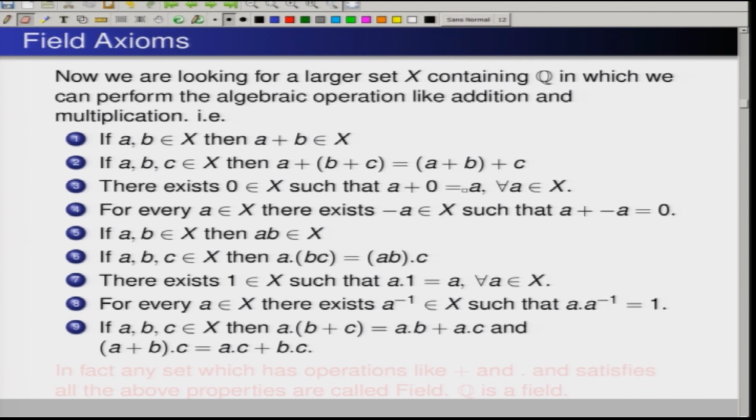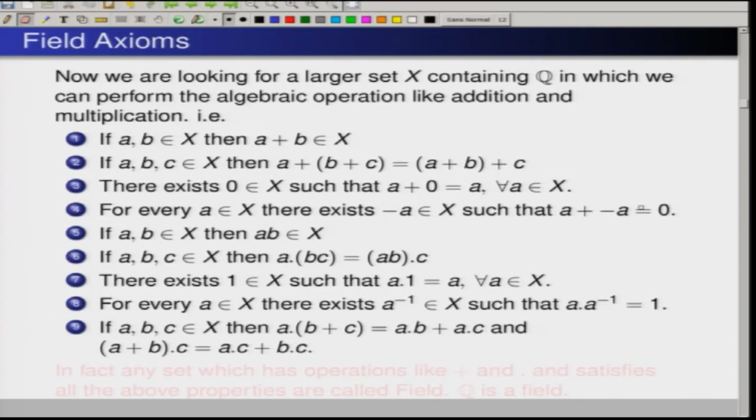This is true for all a in X. Also, for every a we get some number b, let us call it for the time being minus a, such that if I add a with that number, which is a symbol I am just denoting by minus a, an element of X, then this gives me 0. We have a prescription of addition in X in which we can do these operations 1 to 4.